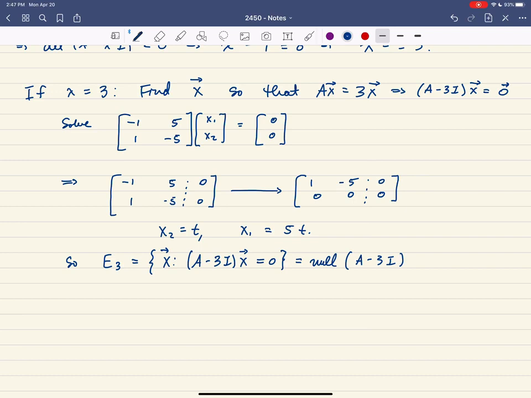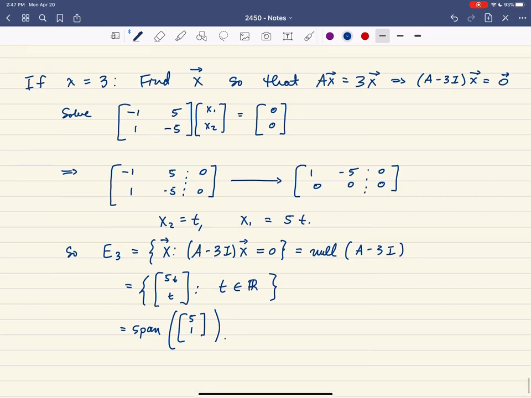And it turns out that this is going to be equal to the set of vectors x1, x2, so 5t, comma t, where t is allowed to be any real number. In other words, this is going to be the span of the vector 5, 1. That's going to be the eigenspace corresponding to lambda equals 3.